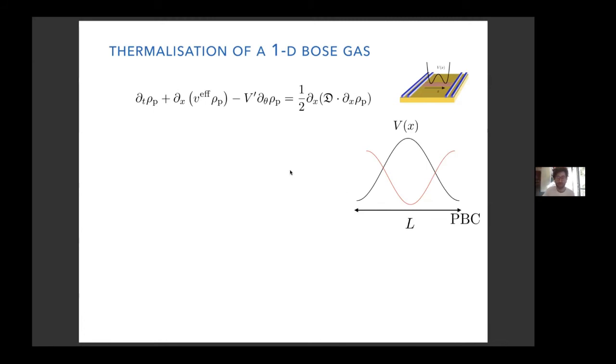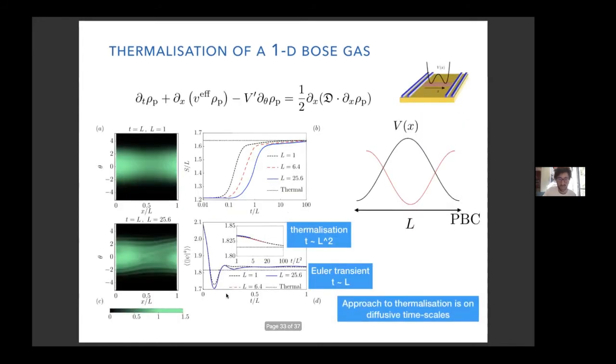And what you see, if you look, for example, at the evolution of some local operator, such as the density squared of your bosons, is that there is a fast relaxation towards some steady value.